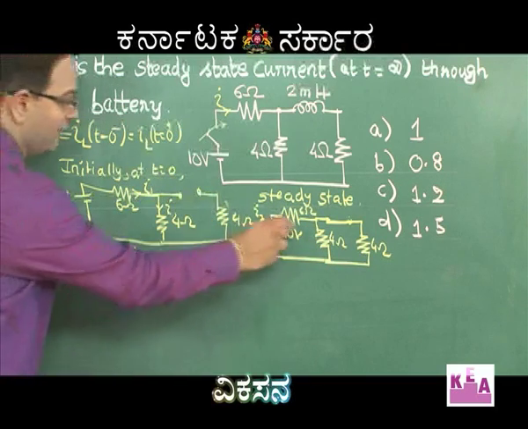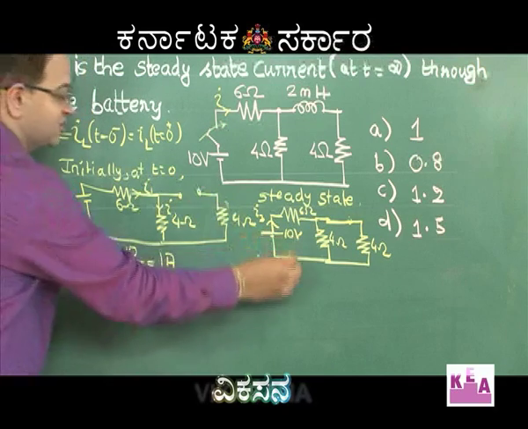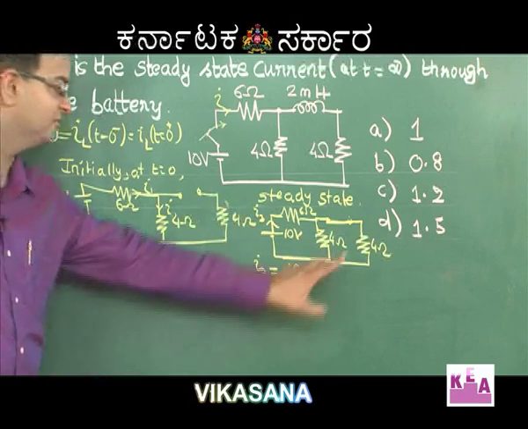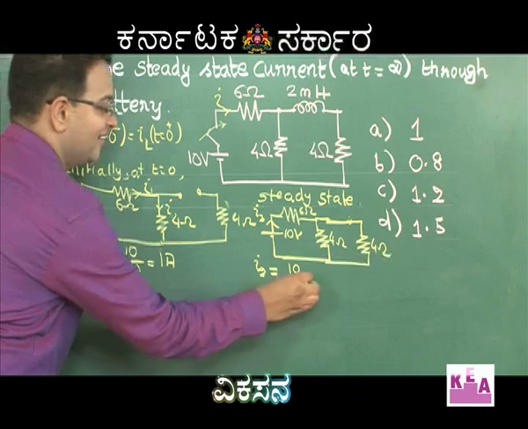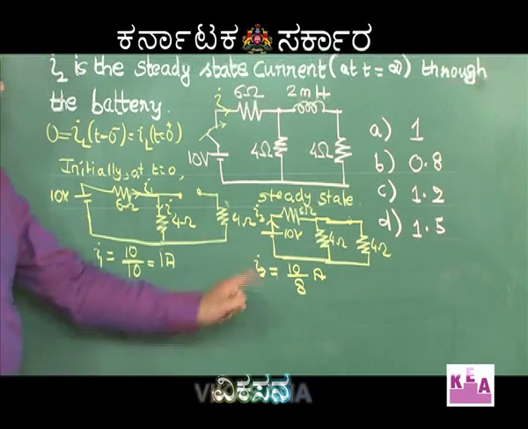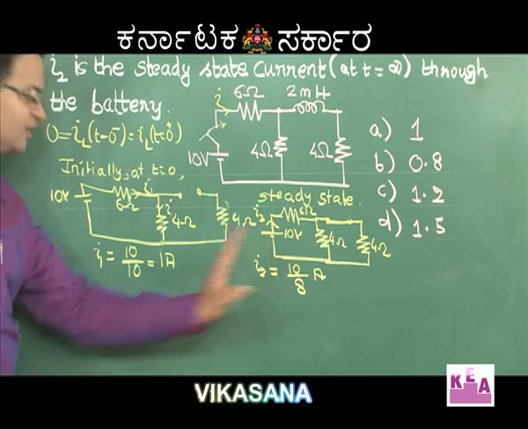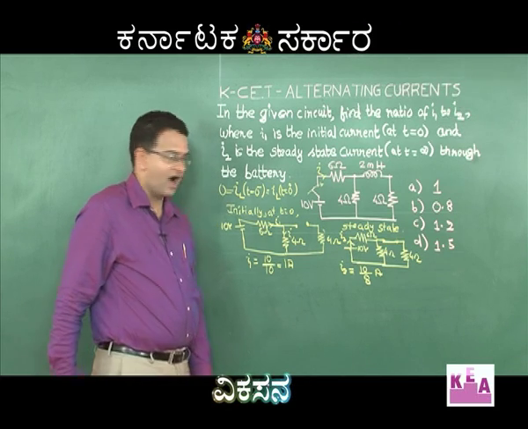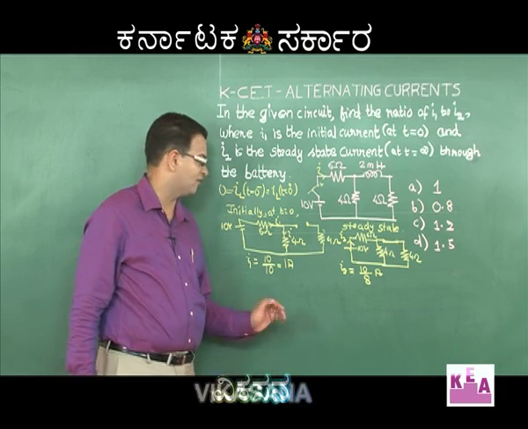So therefore the current here in this case is going to be the total voltage, which is 10 volts, divided by the total resistance, which is 2 ohms plus 6 ohms, which is 8 ohms. 10 divided by 8 ampere is going to be I2. Now I will tell you, for a reason we need not simplify this, because we are not asked I1 or I2 separately, we are asked to find the ratio.